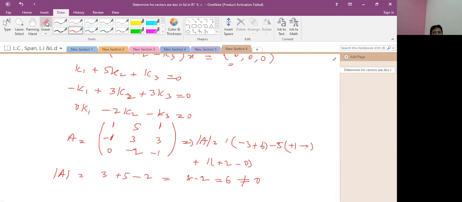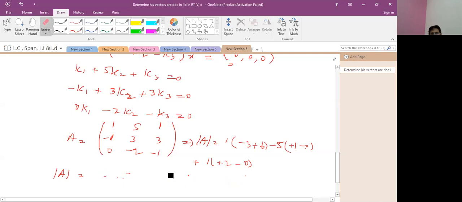So when we simplify this value, I have a mistake. We missed the negative sign. So we will remove them. So when we solve it, 6 minus 3, it means 3. 1 into 3 minus 5 into 1 plus 1 into 2. It means 3 minus 5 plus 2. It means 5 minus 5, which is equal to 0.